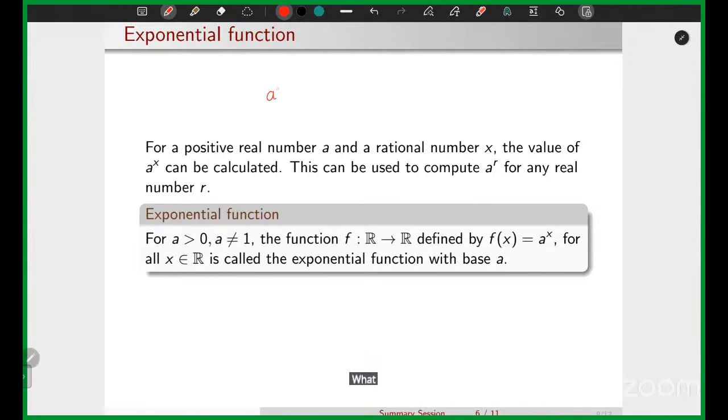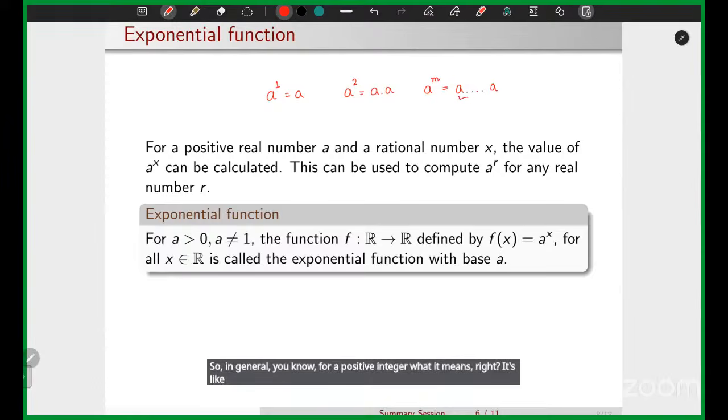What does it mean to say a to the 1? That is just a. Now, what is a square? It is a into a. The exponent of a is 1, then 2, multiplied. So, in general, you know for a positive integer what it means, right? It's like m-fold multiplication.